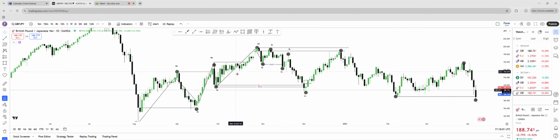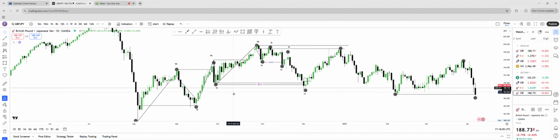Yes. It is the most difficult part to understand, structure, but once you understand, let me take out these points so that you can see the real markings of the higher highs and higher lows. And I want you to watch this market very well.